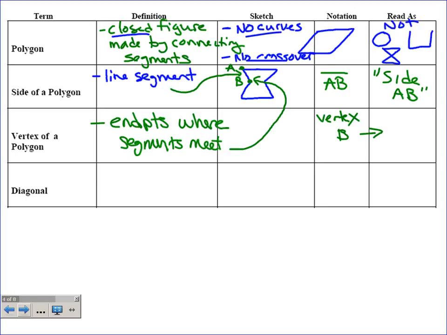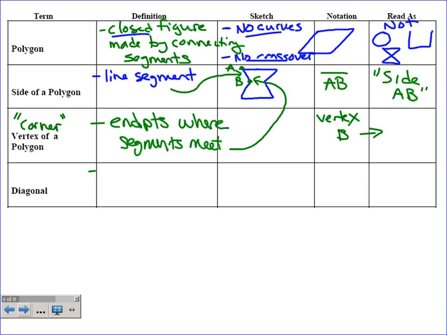We would say angle ABC, where those two come together, is angle B. B is actually the vertex. It's the corner, if you will. Okay, you want to write that? The corner. That's like a middle school term for vertex. Vertex is a high school and college term for the corner.